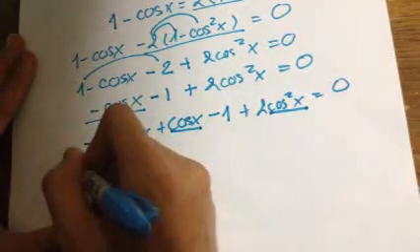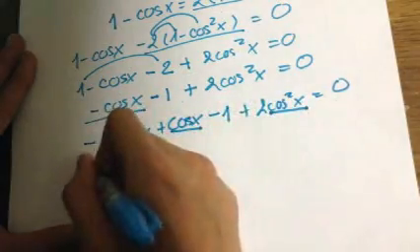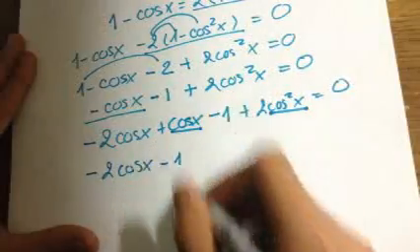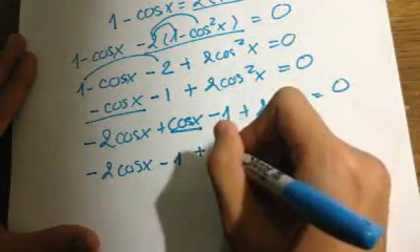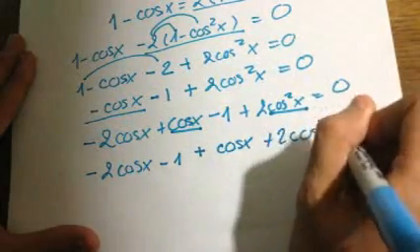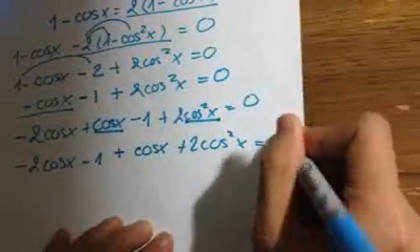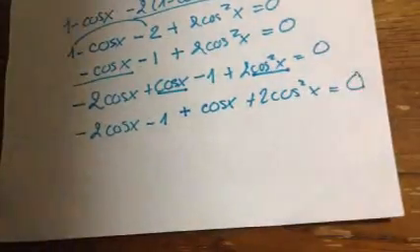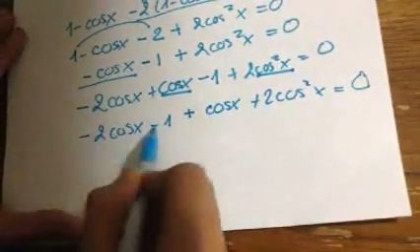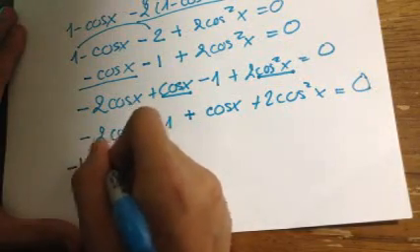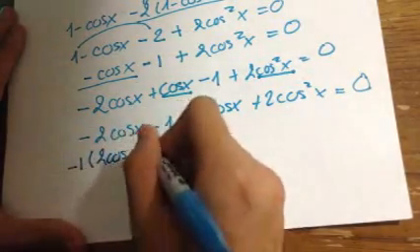So we have minus 2 cosine of x, minus 1, plus cosine of x, plus 2 cosine square of x equals 0. Now we can take minus 1 outside, so inside we will have 2 cosine of x plus 1.